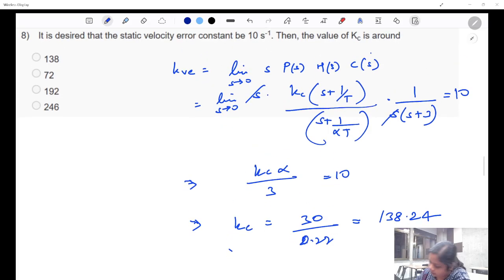In the options, we have 138. So when you want a particular static velocity error value, you write it in terms of the formula for static velocity error, substitute s equal to 0 and the value of alpha that we found earlier, and from here you get the value of gain.